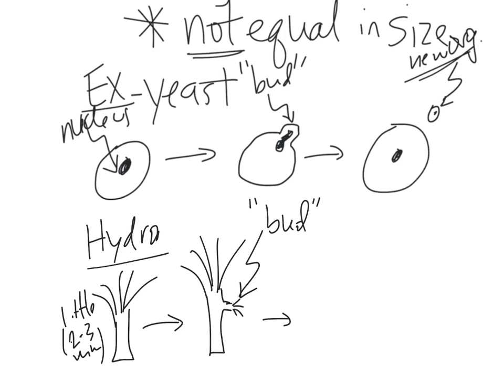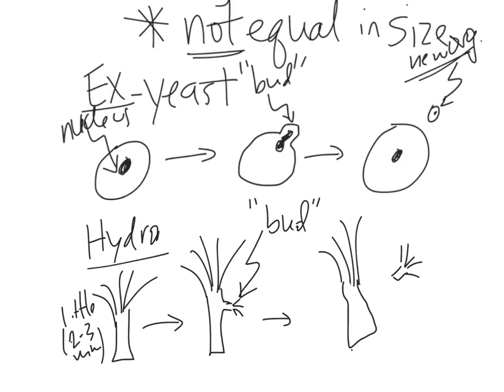So when it's all done, you have our main Hydra here, and then the little guy over here with all these little tentacles. And they are genetically identical. And that is what we call budding.